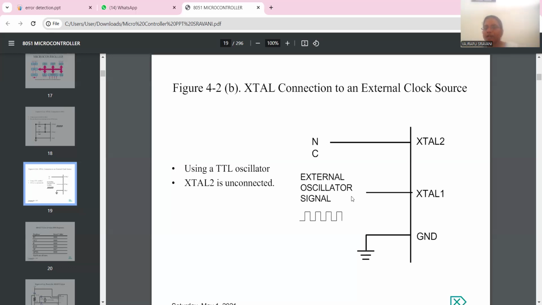Otherwise, a TTL oscillator circuit also produces a square wave signal that is given to XTAL1, and XTAL2 has no connection. Here, ground is connected to ground. In this manner also, we can generate the 12 megahertz clock for the circuit.